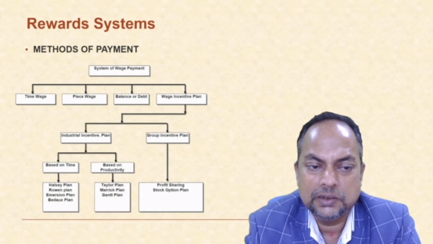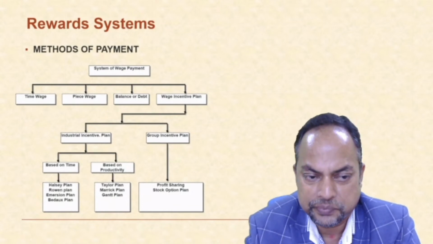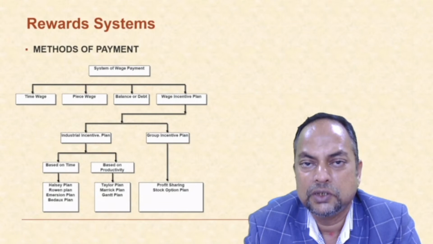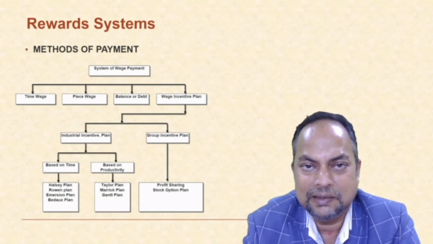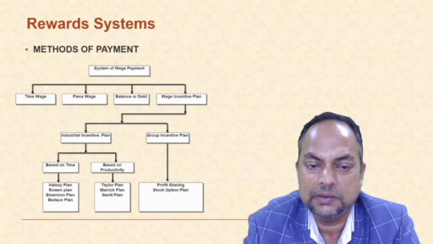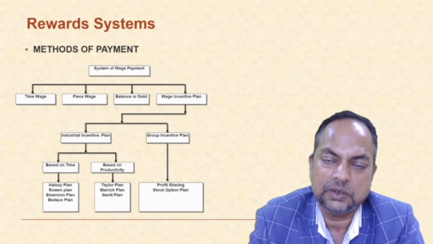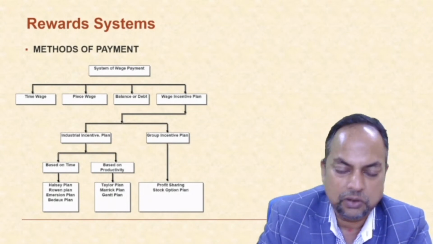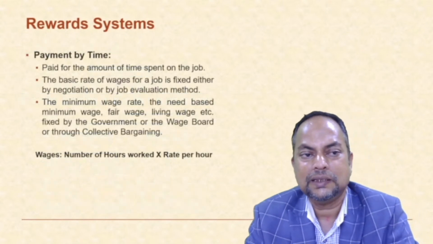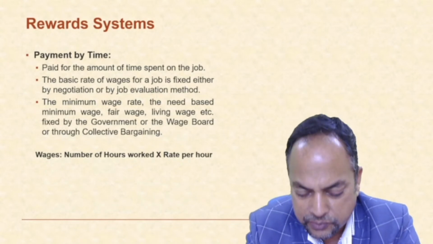Under this industrial incentive plan, we can think of industrial incentives to be administered in terms of time, so based on time, based on productivity. And in group incentive schemes, we'll discuss profit sharing, or the stock ownership and stock options, right? So this is what we need to understand.